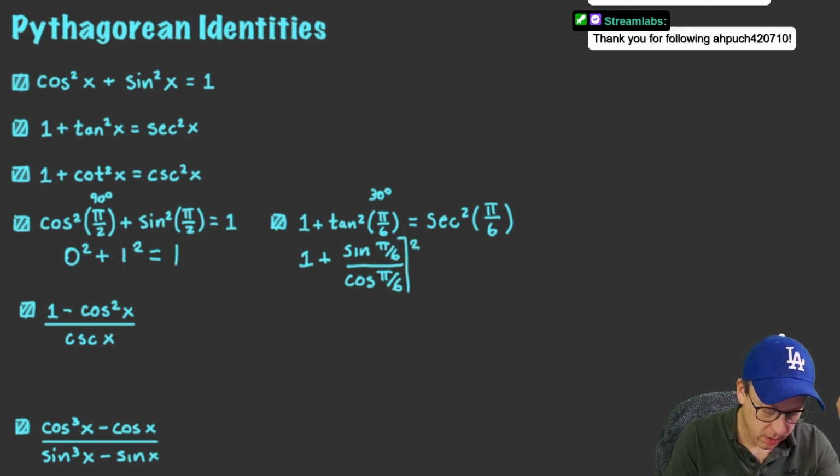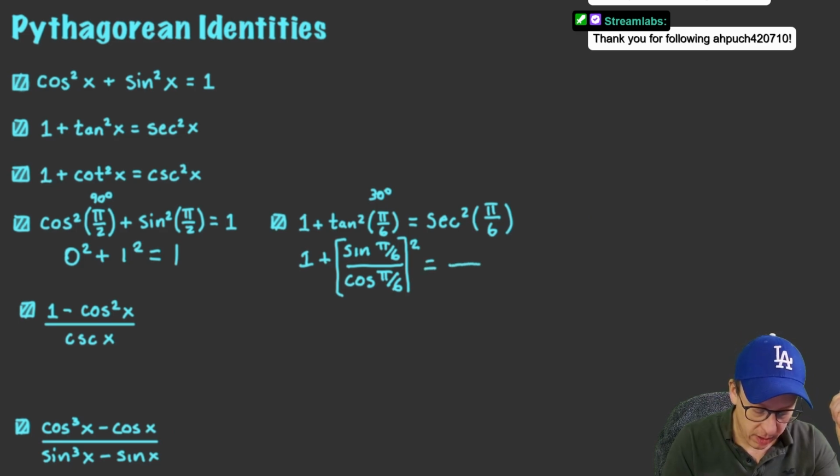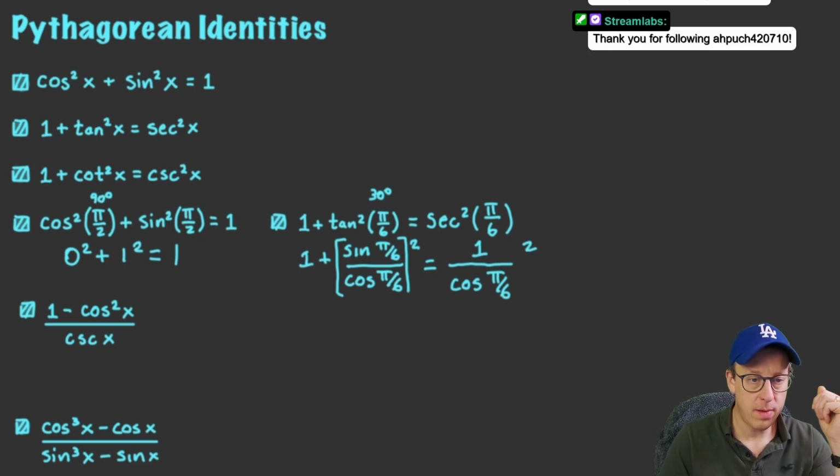I'll put a box around this or something. And this is going to be equivalent, using our formulas, to 1 over cosine of pi over 6 squared. All right.